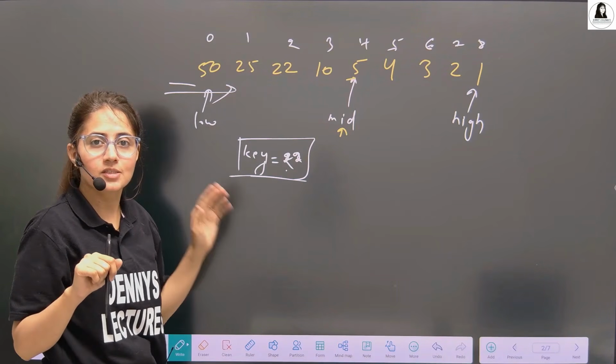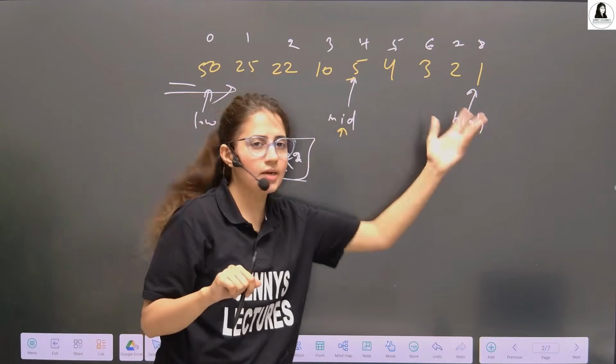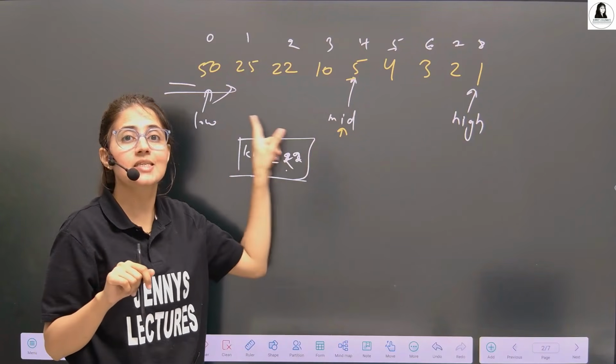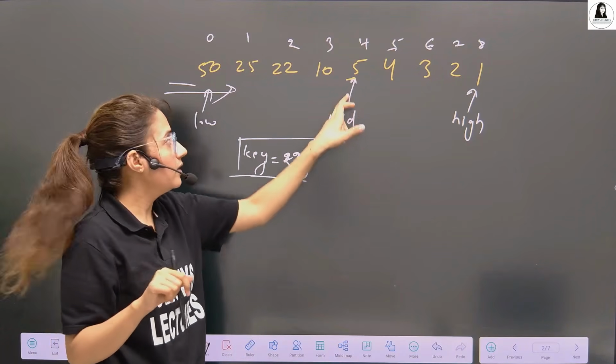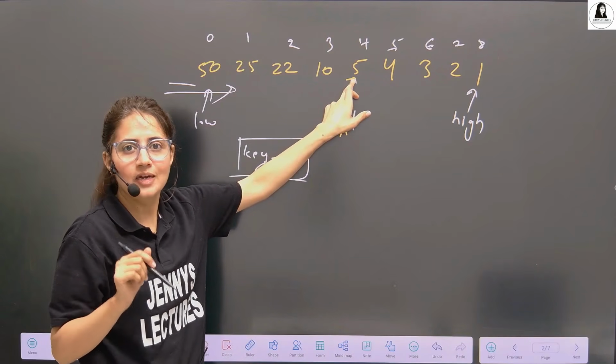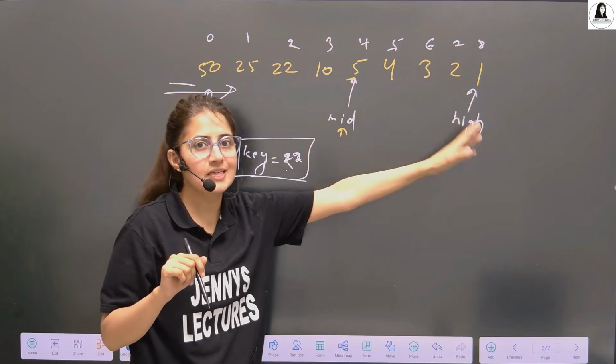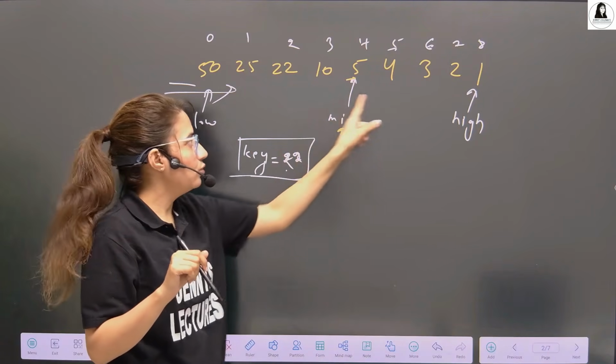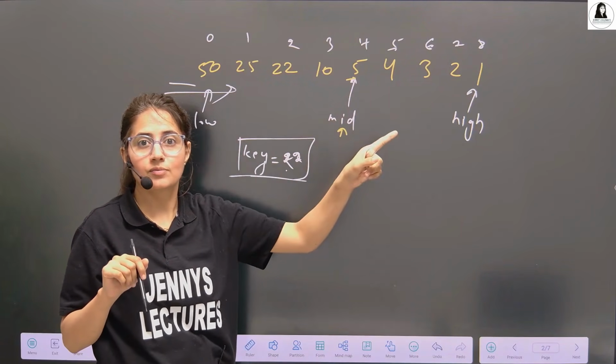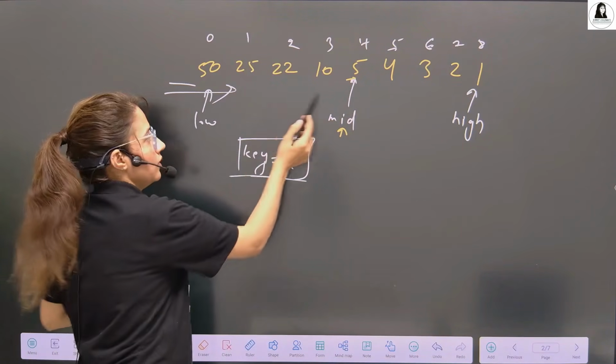In the previous case, if it's greater, then you have to search in the right half. But it's in descending order, and we know that mid is 5. So definitely in the right half, elements would be either equal to 5 or less than 5. 22 would not lie in the right half. So in this case, you have to search in the left half.